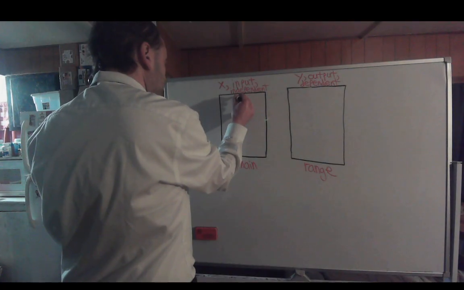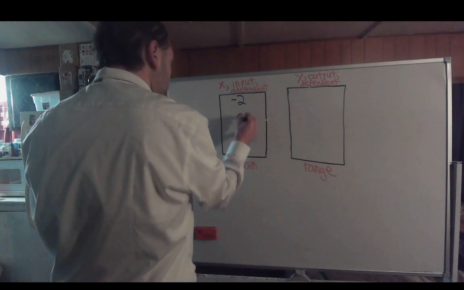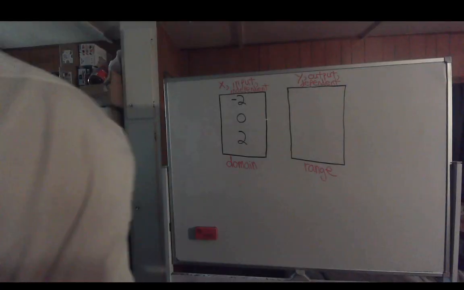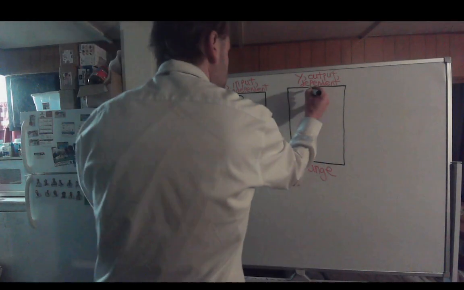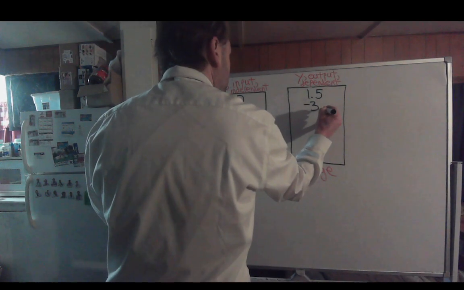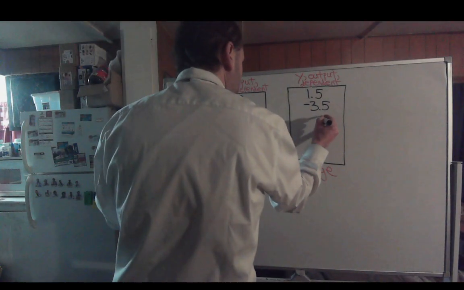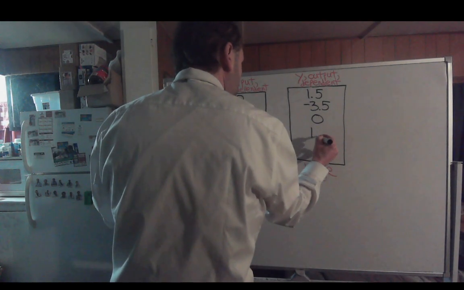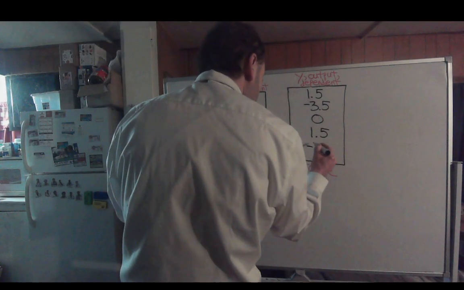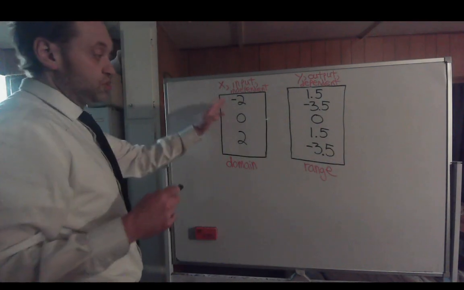We have -2, we have 0, then we have +2. Let's see, we have 1.5, -3.5, 0, 1.5, -3.5. Okay. So we have more members of our domain and range.